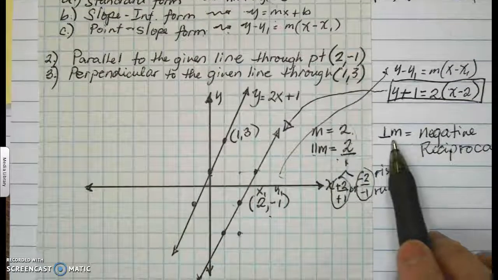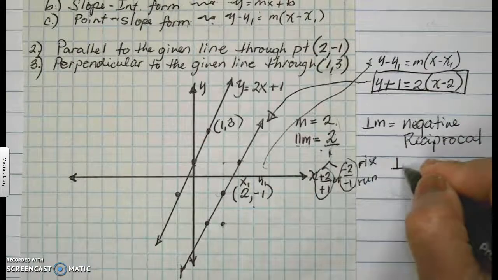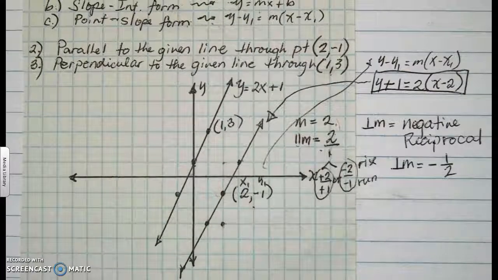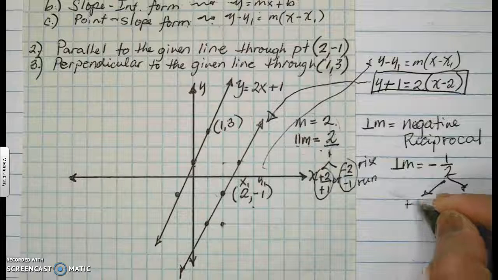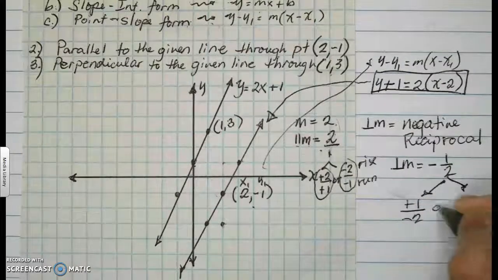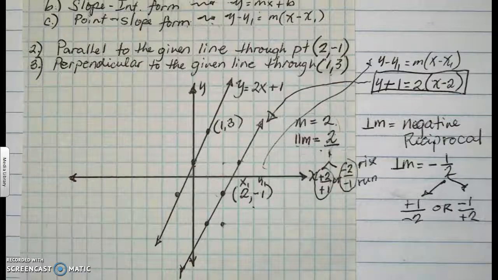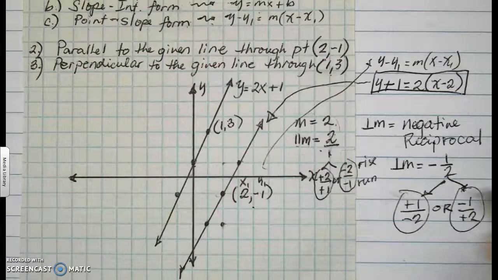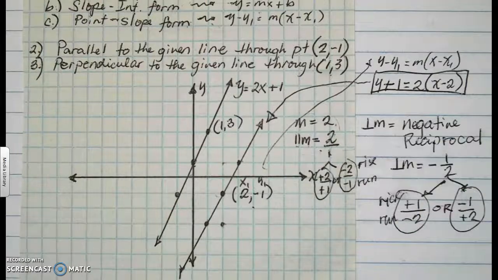So our perpendicular m would look like negative 1 over 2. And you all know that this has two meanings. It can be positive 1 over negative 2, or different signs, guys, negative 1 over positive 2. Just for practice purposes, I want to use both. So this is our rise. This is our run. Let us begin.